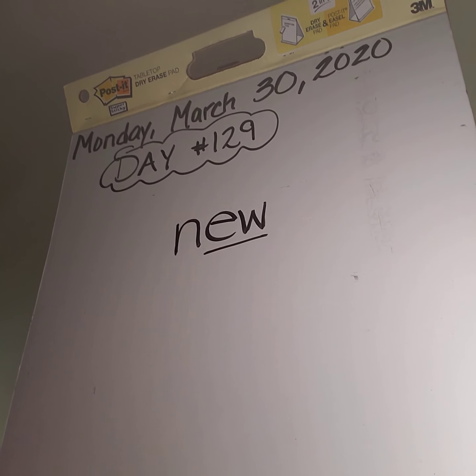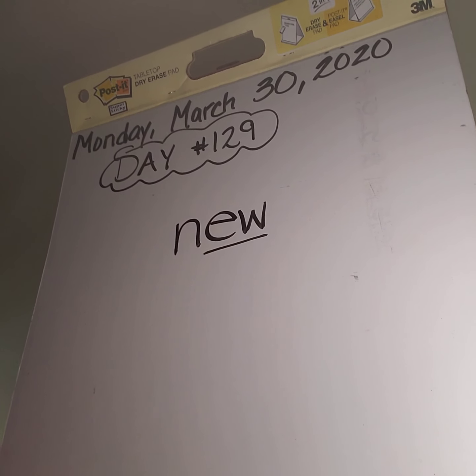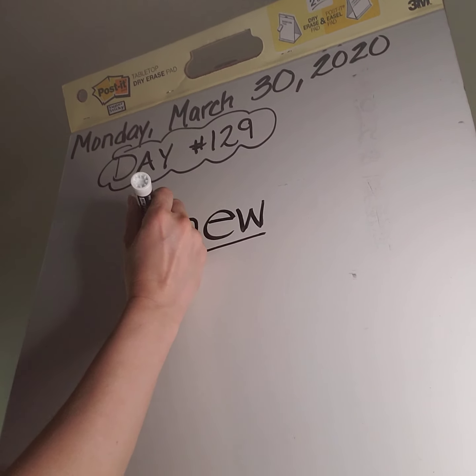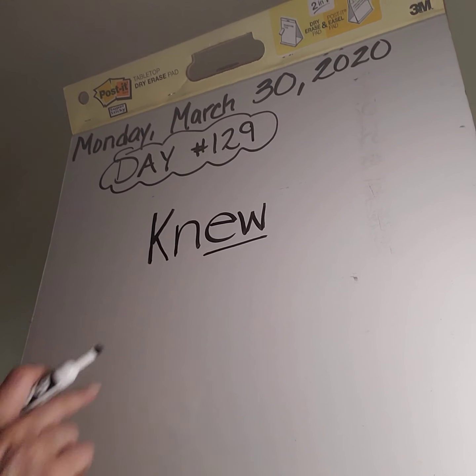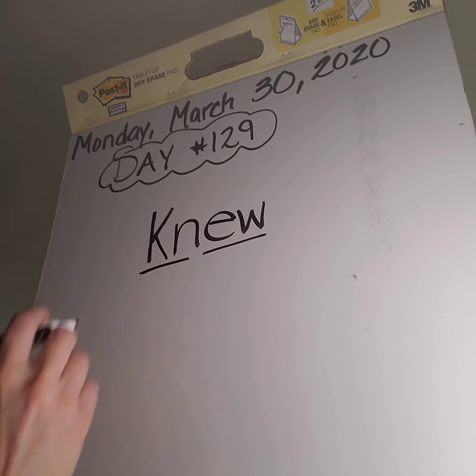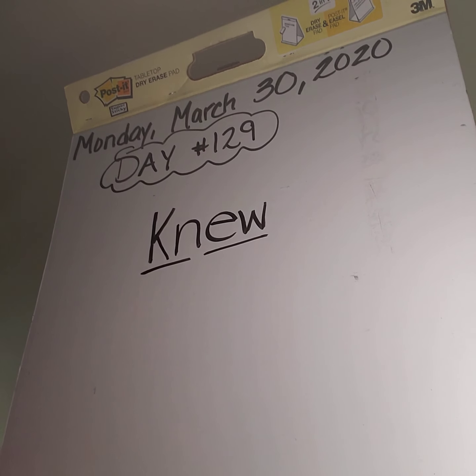Remember those words that sound the same but are spelled differently and mean different things? Those are homophones. We can also change this, if we put this here, and it becomes knew, because this K is silent, because we know KN says n, but this is knew as if you knew someone was going to come to your house. So those are 2 different words and we spell them differently.